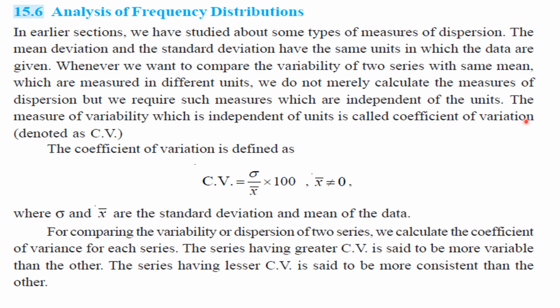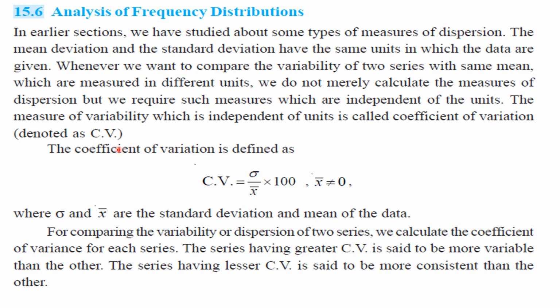The measure of variability which is independent of units is called coefficient of variation, and it is denoted by capital C dot capital V dot. This notation denotes coefficient of variation.